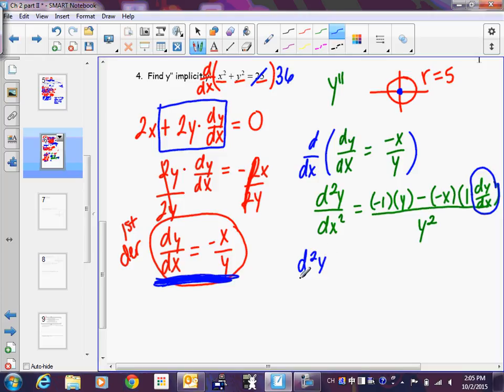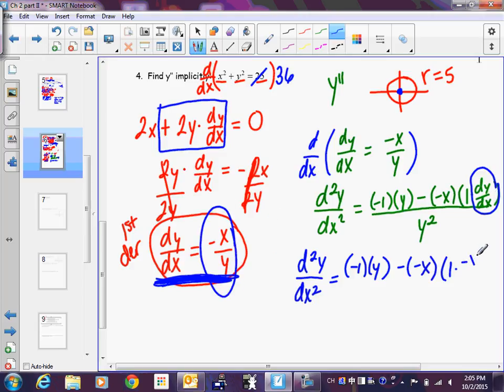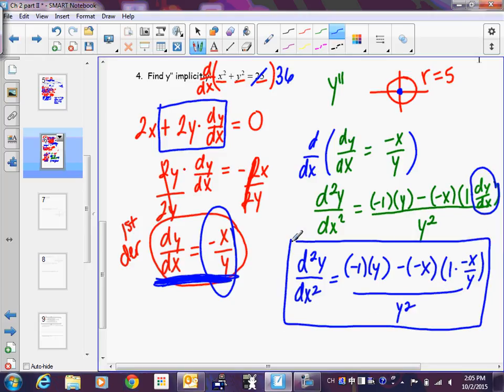Negative x over y. So watch what I'm going to do. I'm going to rewrite the problem. And instead of dy over dx, I'm going to write what it was equal to. Negative x over y all over y squared. And that's your answer, unsimplified.